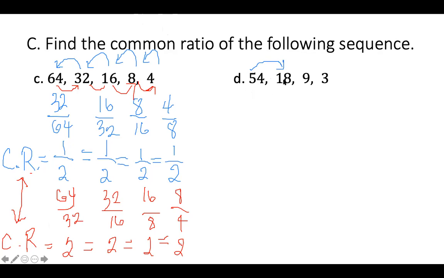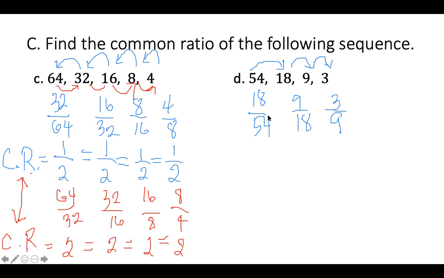So let's start from the second. So we have 18 over 54. And here we have 9 over 18. And here, that's 3 over 9.